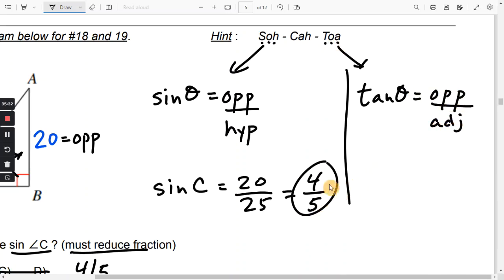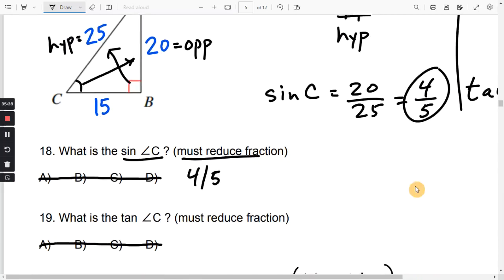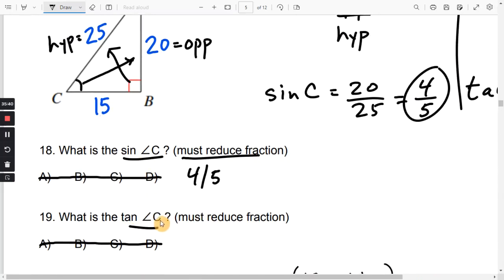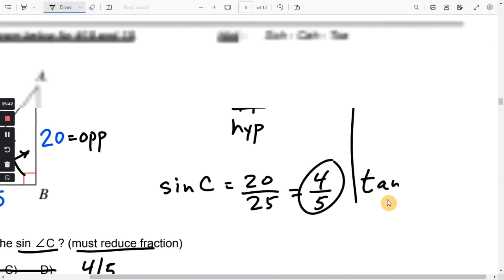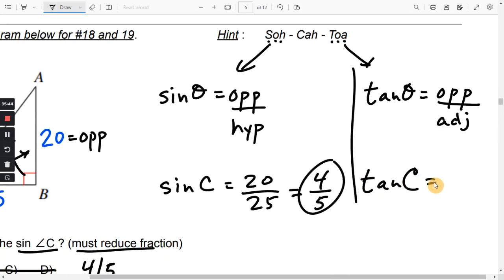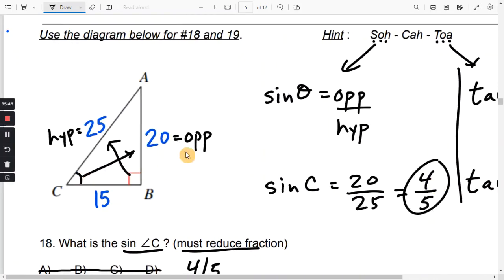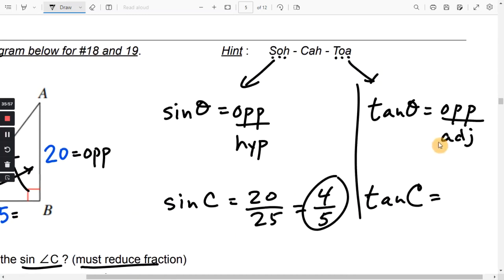All right, now it's the same angle, C. If you look at the problem, sine of C and tan of C. So it's the same angle. That's why I wrote tan of C. So since it's the same angle, I don't have to change the opposite. You still go across from C. That's your opposite. Across from the right angle is your hypotenuse. And the remaining side is going to be adjacent.